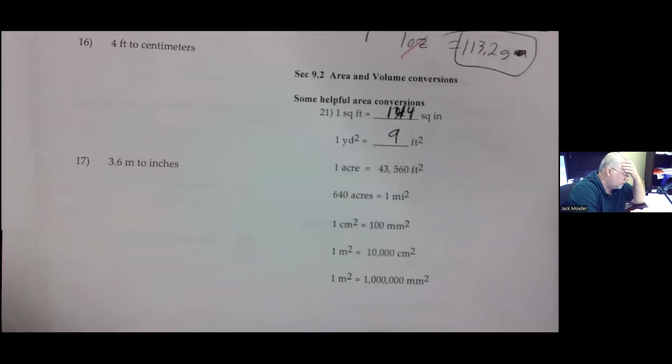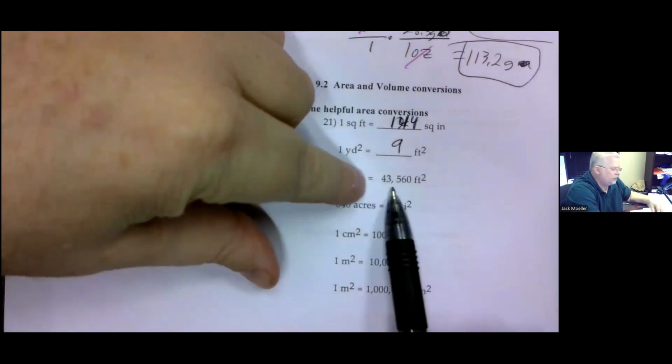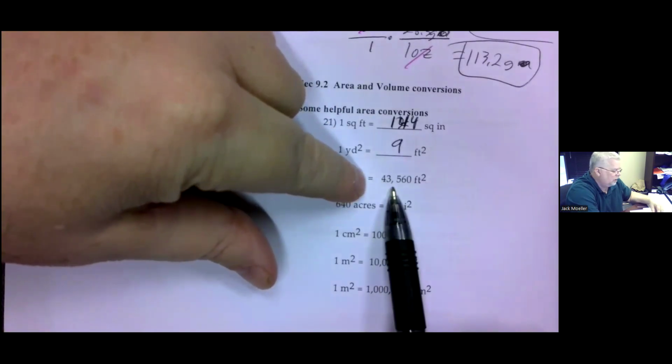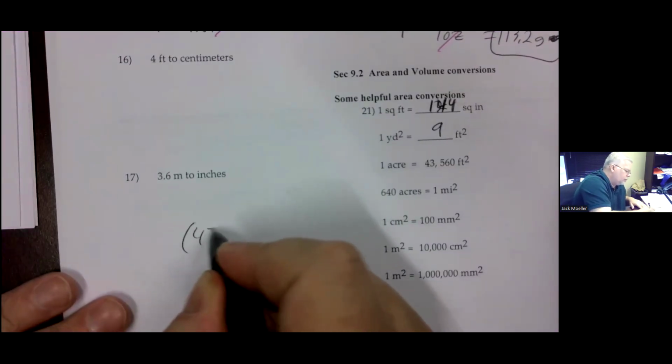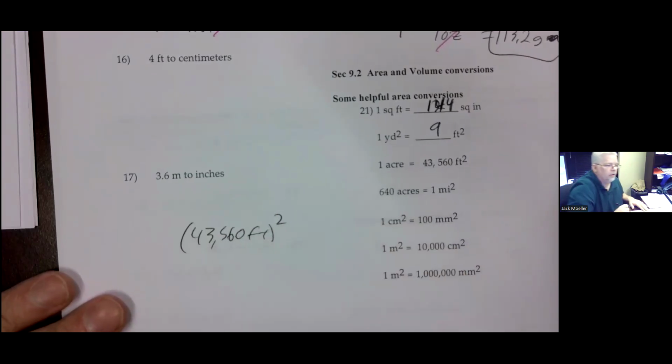I do want to point out something else, like here, that 1 acre is 43,560 feet. One of the mistakes that students make sometimes with the area and the volume is they want to square the number as well. But here's where you have to be careful, because this is not 43,560 feet in parentheses squared.